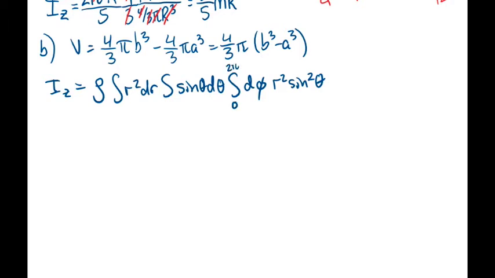Phi will still be from 0 to 2 pi, theta will be from 0 to pi, but r will only be from a to b. That's the thickness of the shell. So our result will be 2/5 times b to the 5th minus a to the 5th over b cubed minus a cubed.